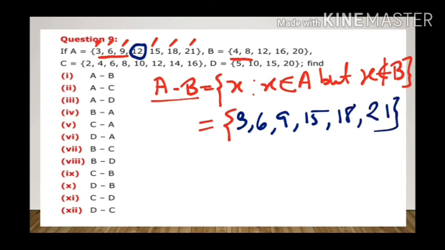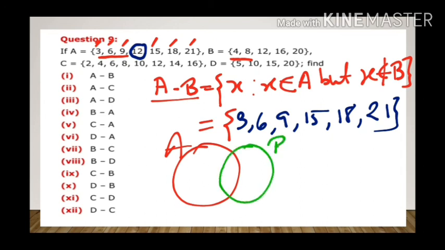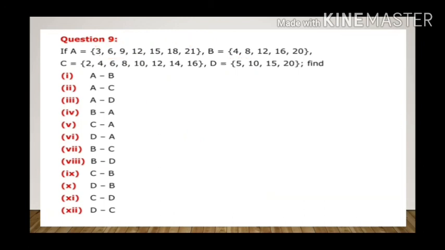If you consider it in a Venn diagram, suppose this is A and this one is B. This portion is considered as A minus B. This blue region is A minus B, that is, all the elements which belong to A but do not belong to B.